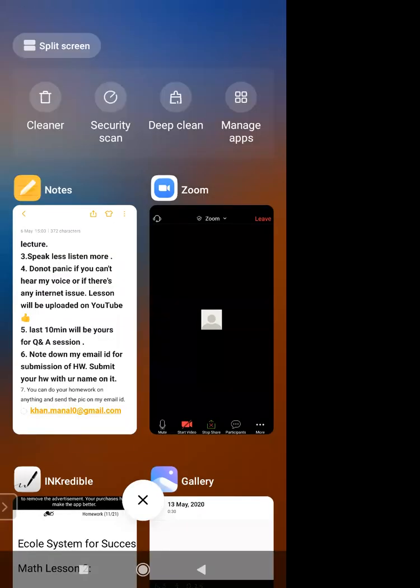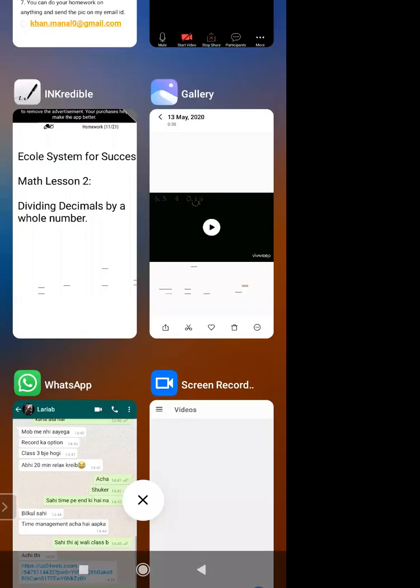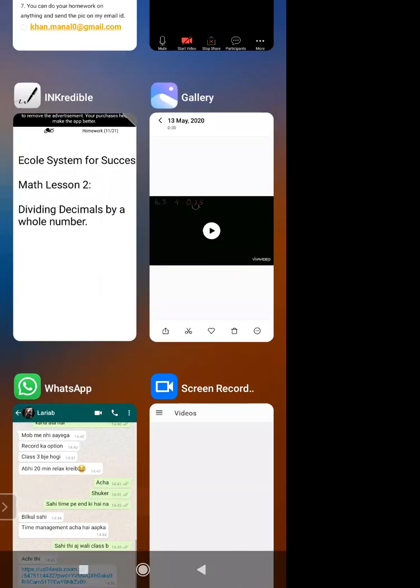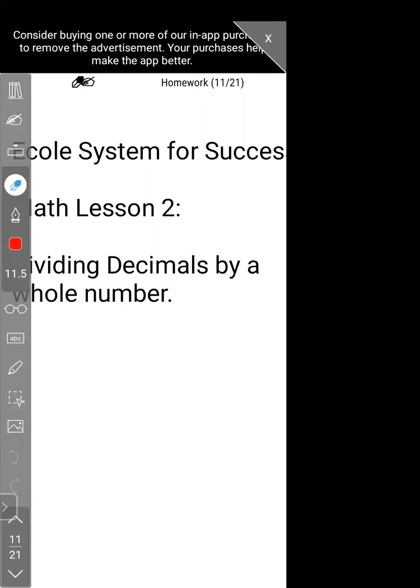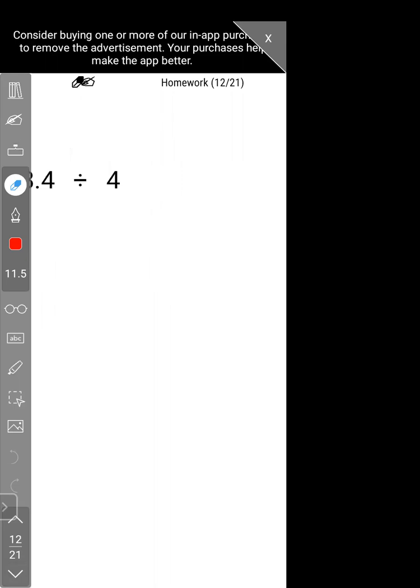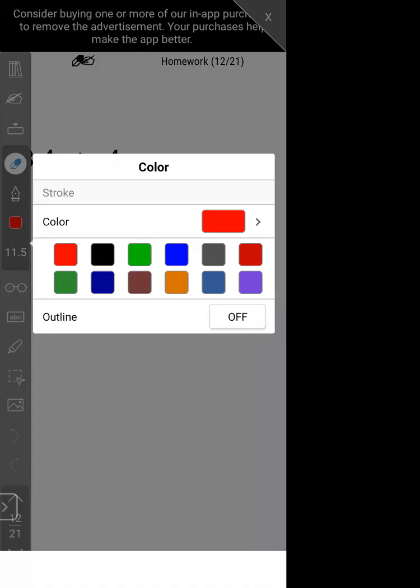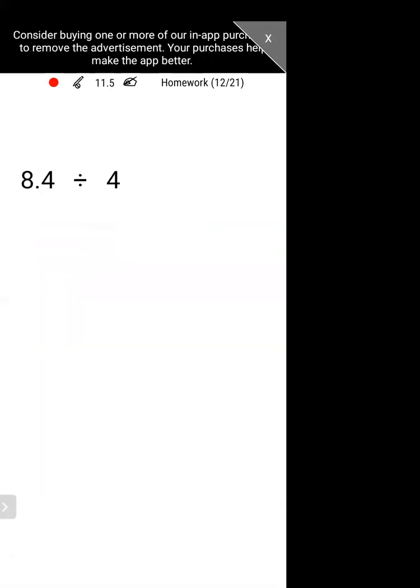All right. Now today's lesson is about dividing the decimal numbers. We are going to divide the decimal number starting with the division of a decimal number by a whole number. So let's start with this example here. Over here we have 8.4 divided by 4.